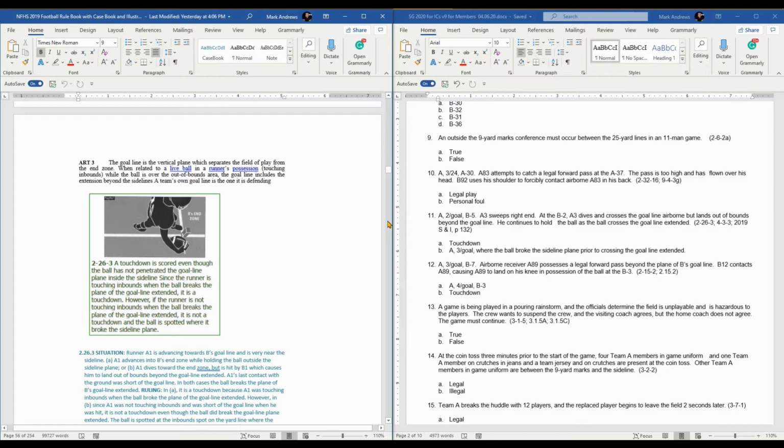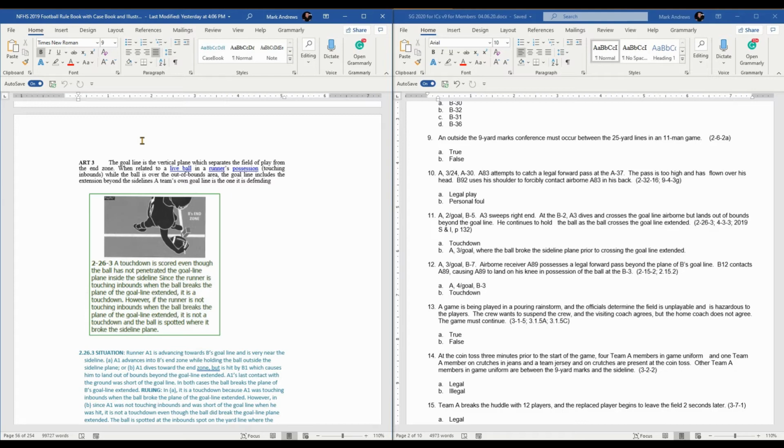But let's go to the rule book. So he references, where is it? 2-26-3. Let's look at that. The goal line is a vertical plane which separates the field of play from the end zone. Now, vertical plane, guys, you new guys, think of it as a waterfall.